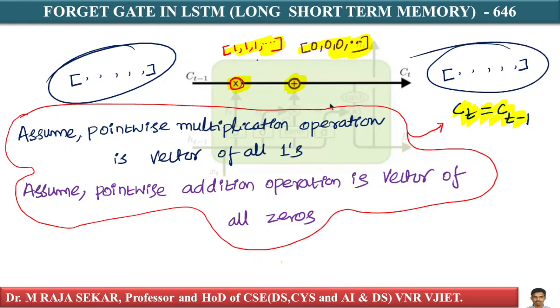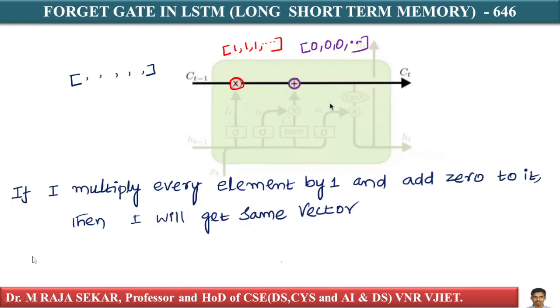Why are you getting the same vector? If I multiply every element by 1, what am I doing here? I am multiplying every element of this vector by 1 and adding zeros, so ct minus 1 will be the same as ct. I get the same vector, the same elements in both places. That's what I am highlighting here.